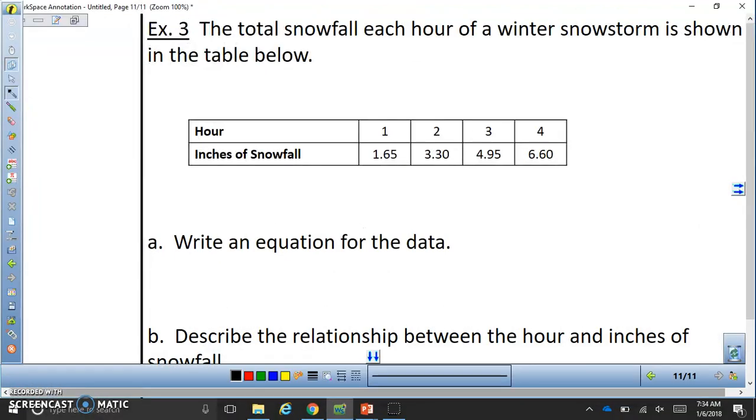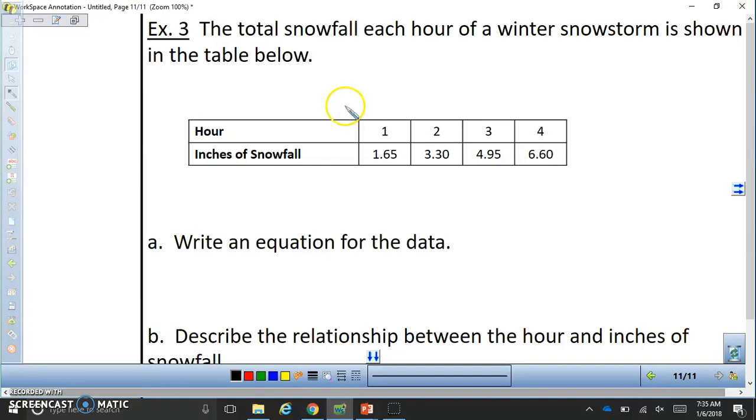Example 3. The total snowfall each hour of a winter storm is shown in the table below. Would this, at hour 0, have 0 snowfall? That's my first question. If you're answering yes, this is proportional, and we can make the equation very quickly.